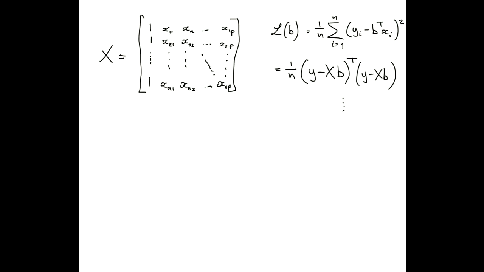The solution you're going to get is b hat, we'll call it hat because it's an estimate, is the big matrix times itself, x transpose x, inverse, and then x transpose y. And that is the solution. This is the least squares estimator, the solution.